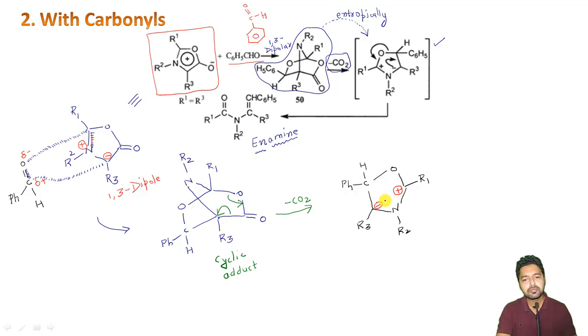So now what is going to happen here is, let me write here, the ring cleavage will take place. And how that will be happening: this negative charge will come in between this carbon and this carbon, and in order to disperse this positive charge which is present on this carbon atom, which is attached to this oxygen as well as this R1 group, these electrons will be shifting and helping in the dispersal of this positive charge.